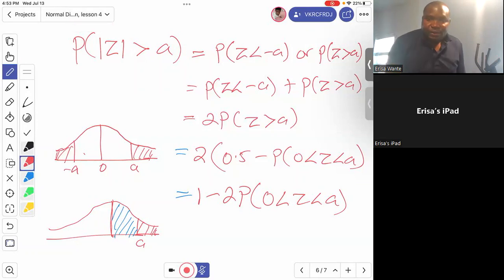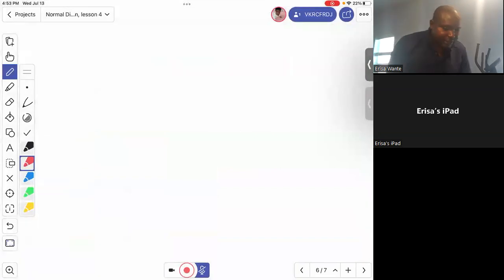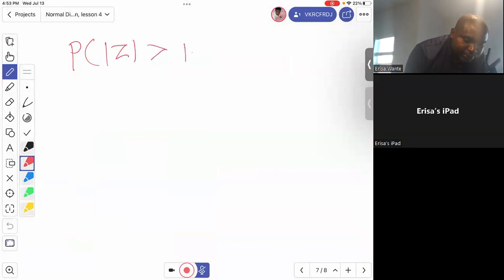So if I have a question here: find the probability that the magnitude of Z is more than 1.002. That's what I want to do.